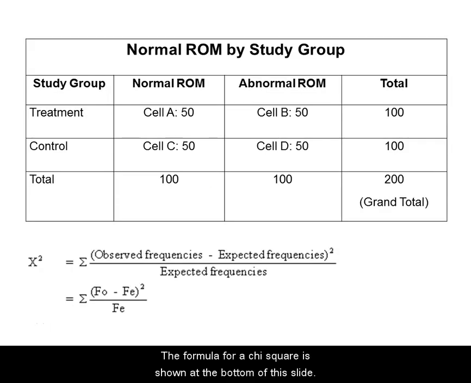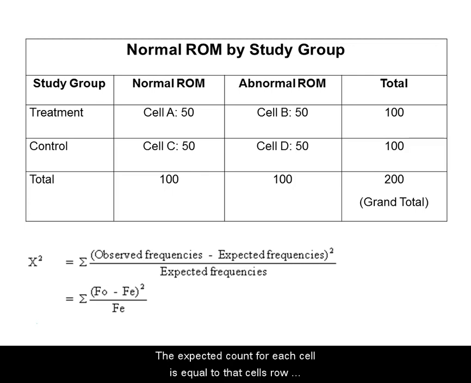The formula for a chi-square is shown at the bottom of this slide. The calculation involves finding the difference between the frequencies we observed in our sample and the frequencies we would expect if the null hypothesis were true. Recall that the null hypothesis is that there is no contingency between the variables.